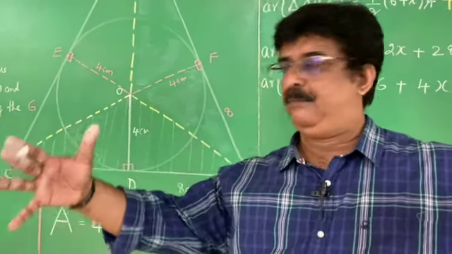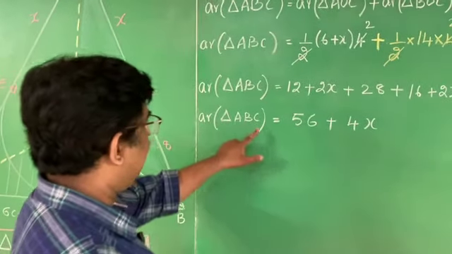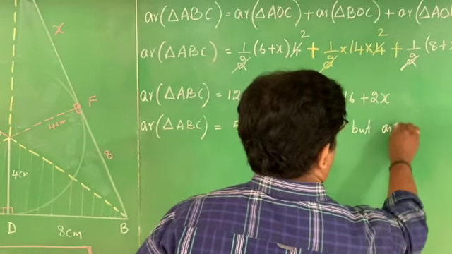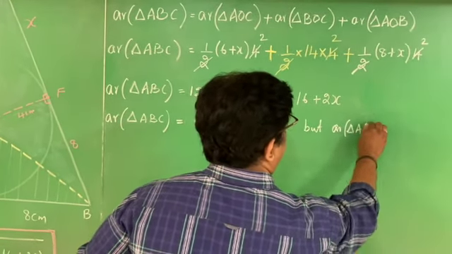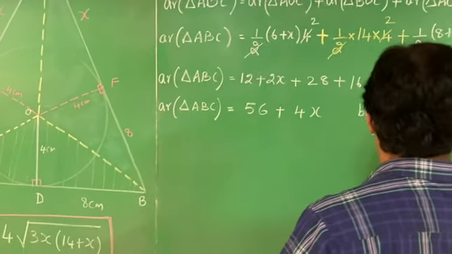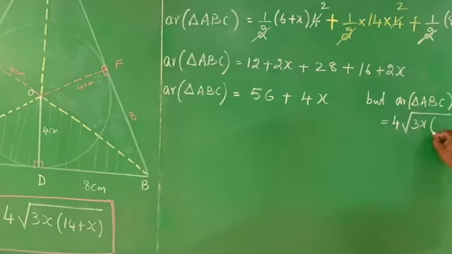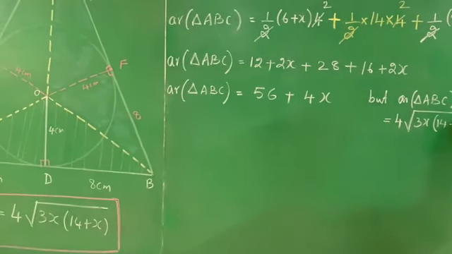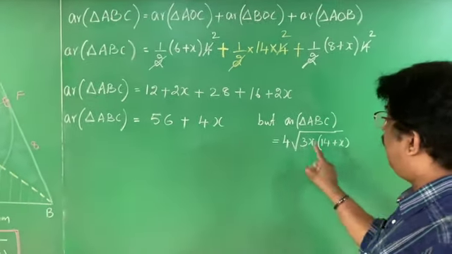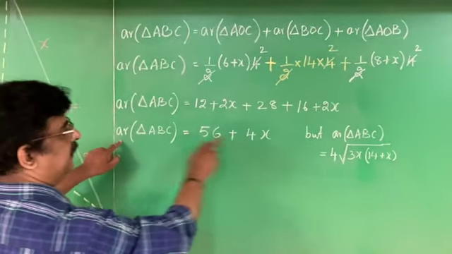Now comparison of both Heron's formula and the regular method. The area of triangle ABC is equal to, I already calculated this, 4 root 3x of 14 plus 6. This is already calculated by me by Heron's formula. Now comparison. In this place of area of triangle ABC, I write that number.